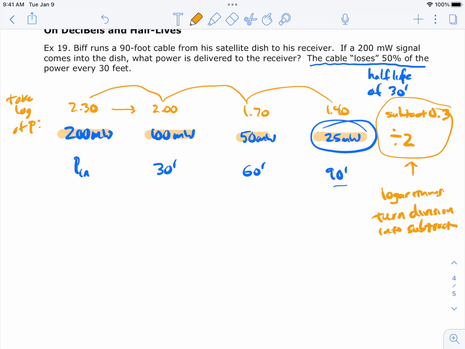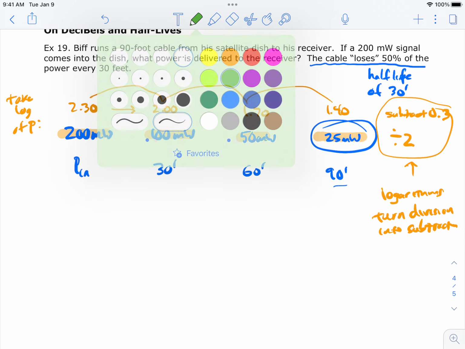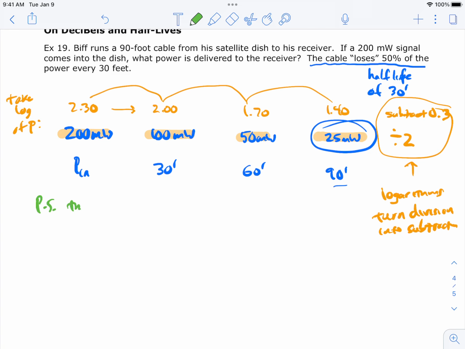Now, the 0.3 is called 3 decibels. Deci is the prefix that means slide your decimal over one. So 3, if you make it a deci, you'd go like this. So anyway, think of it this way. It's 3 decibels.